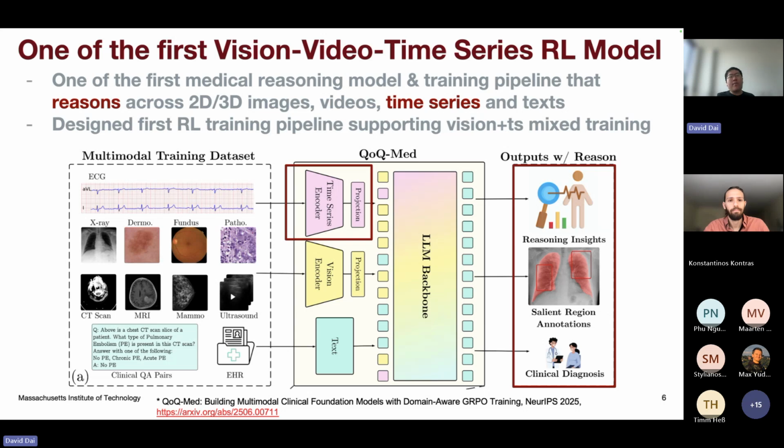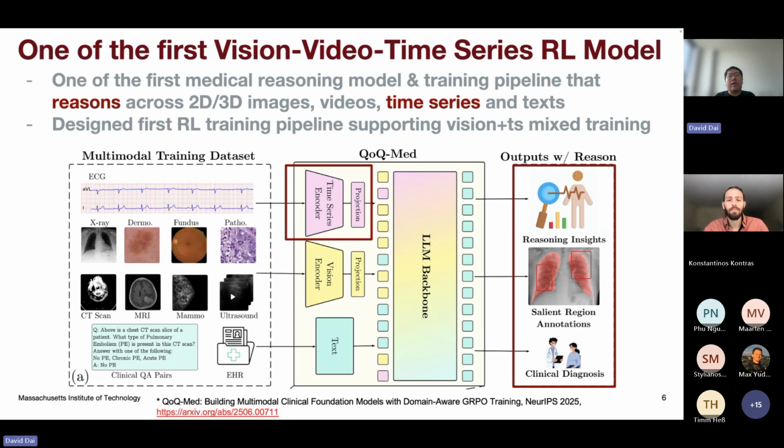But the DeepSeek R1 paper mentioned that process reward is easily hackable, and we shouldn't add any kind of process reward. We just need to add the final answer reward. So this work follows that pattern. We ask the model to output reasoning, but we don't actually have supervision on that yet.